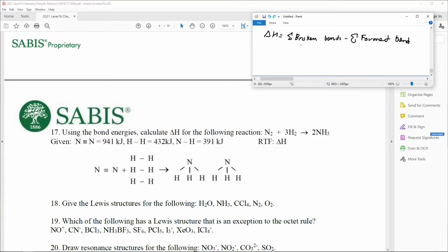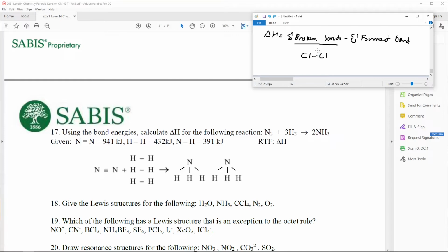So we have here broken bonds. Logically, when you have a bond over here and you want to break it, you're going to have to apply some force on it. Imagine, let's say you have a door. To break a door, you're going to use so much force just to break it. And this force, of course, comes with energy. The same thing, to break a bond, you need heat in this case, and this is supplied energy.